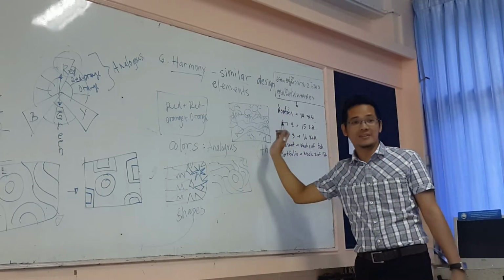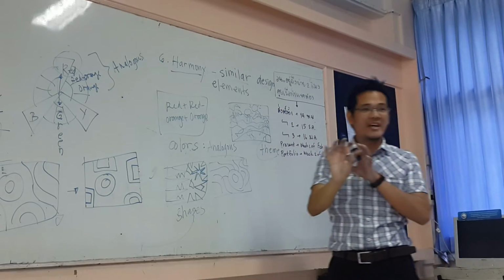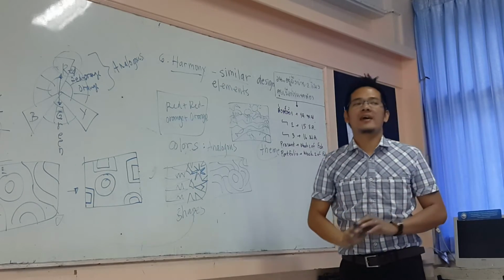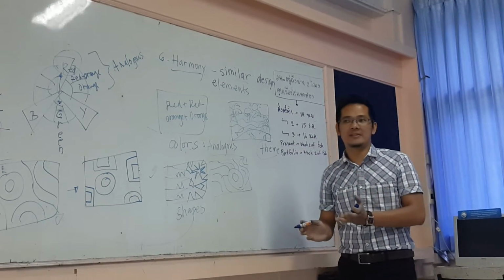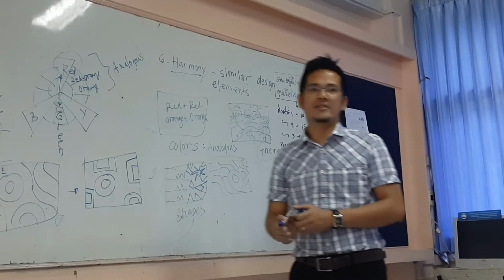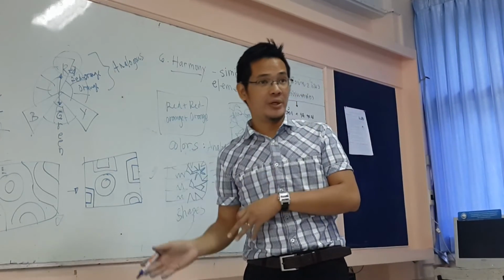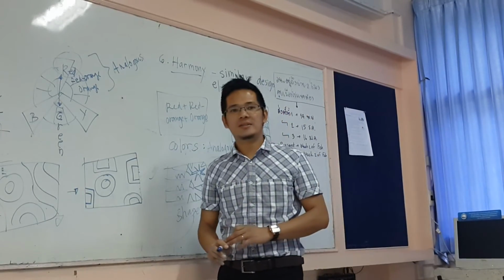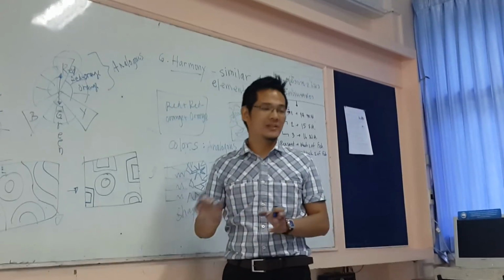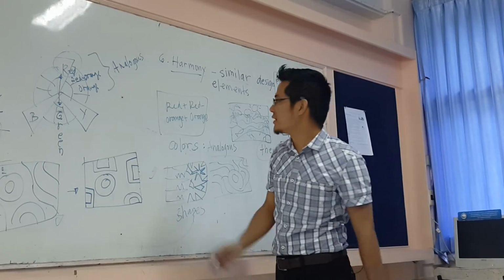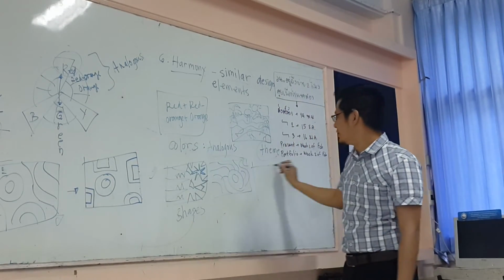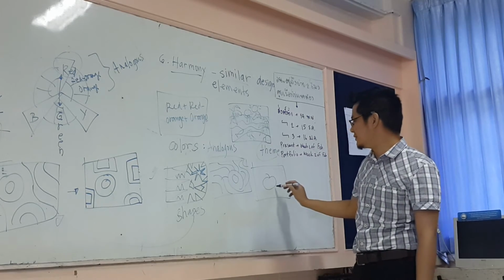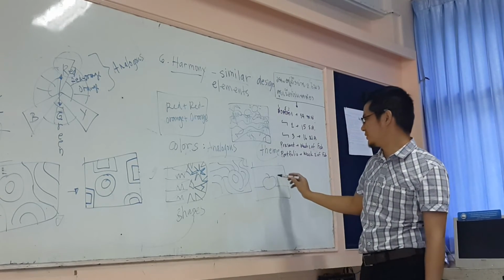So in this design, if you use objects that come from the same theme or same place, you are creating harmony. For example, you create a design about birds, different kinds of birds. Create a design about plants or leaves or fruits. So when you use the same theme, remember when we created an art about fruits?